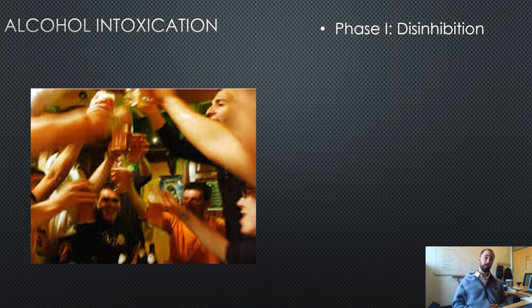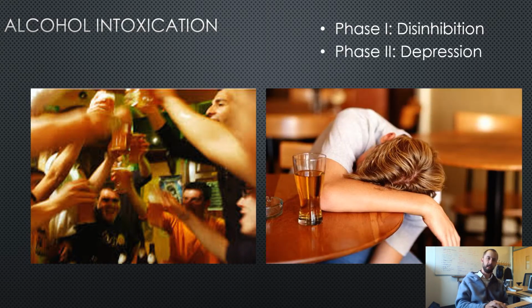Remember from the antisocial personality disorder lecture, we were just talking about the frontal cortex and inhibiting yourself. Oh, I want to just say hi to that person, but what if they don't like me? Your frontal cortex is inhibiting you. Alcohol shuts that off. So you don't inhibit yourself from going and saying hi to that person. You just go and say hi to that person, and it's lovely, and it's a great social facilitator. So look at these people raising a glass together. So that's phase one of alcohol intoxication, this disinhibition.